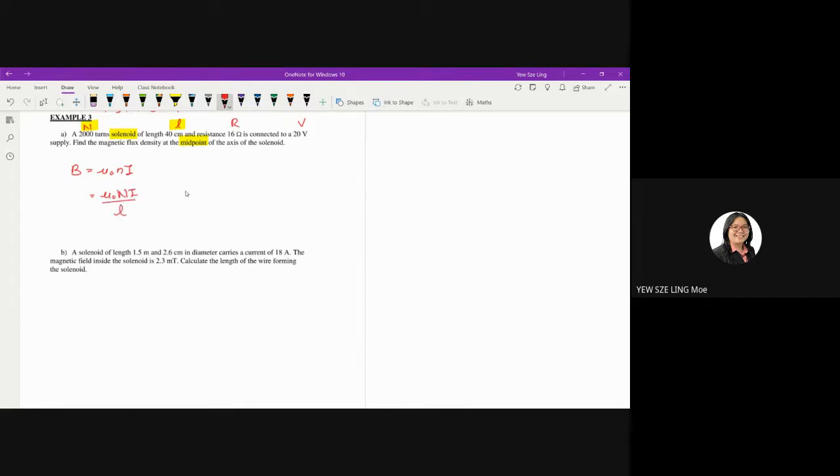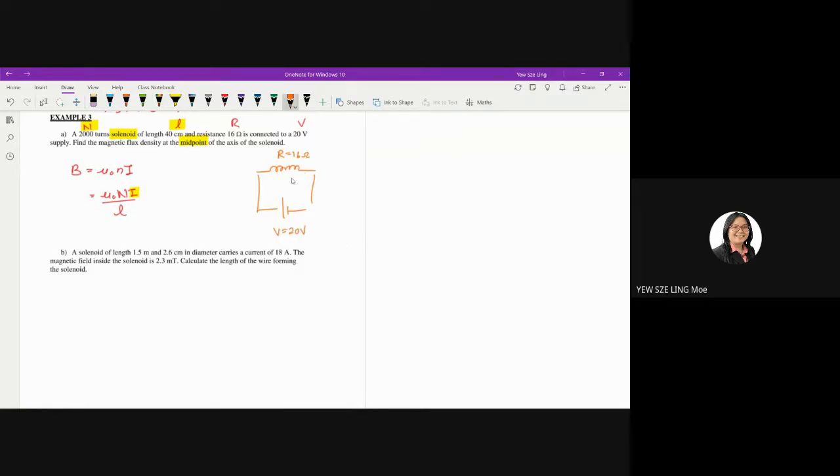But I have a questions again. I don't have I. So what happens right here is now you have 2000 turn solenoid that is being connected to a power supply, right? So this solenoid, it has R equals to 16 ohm and then V equals to 20 volt.